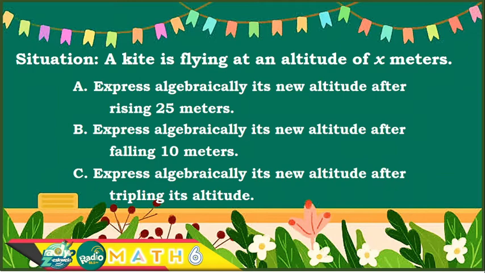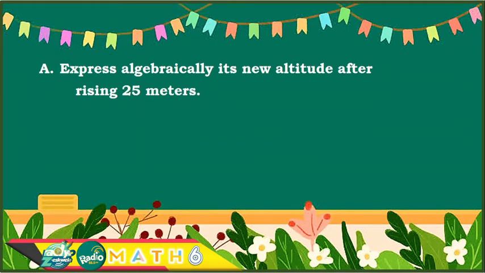Now, let's start working with the given situations. For the first task, we have to express algebraically the new altitude of the kite after rising 25 meters. Study carefully and look out for the words that will give us a clue on what particular operation we will use. Did you find it? Great!